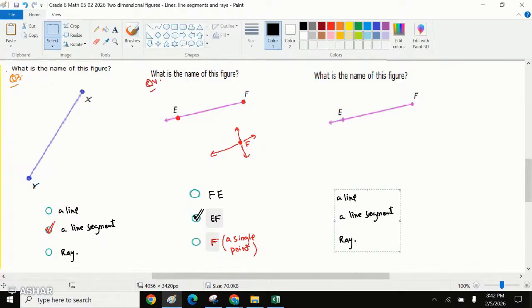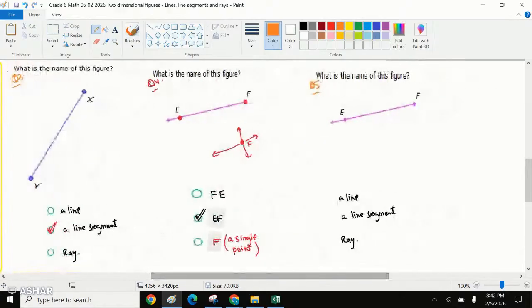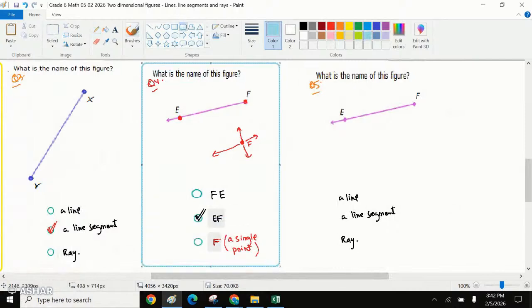So what is it? What can we say it is? Sorry. In question number 5, what is EF?